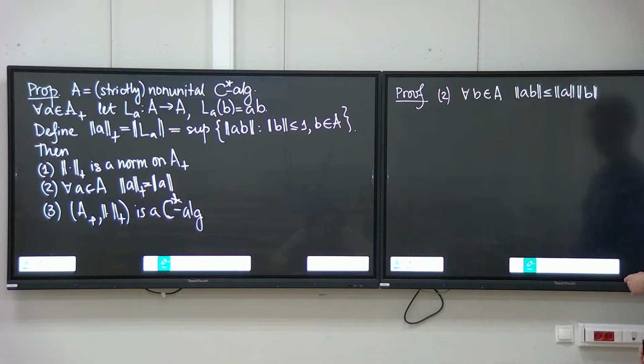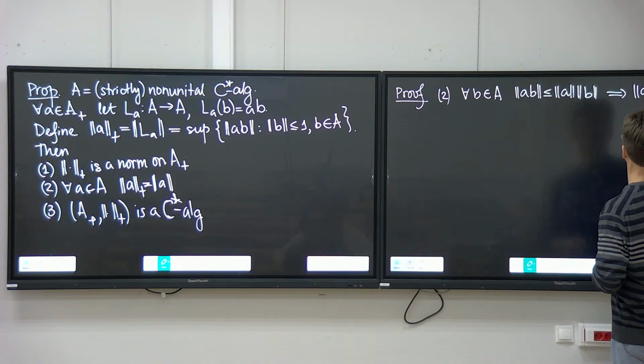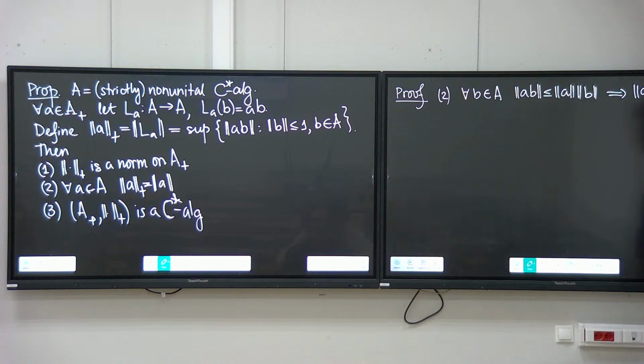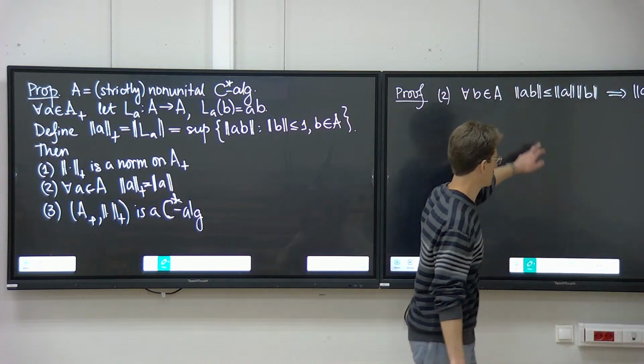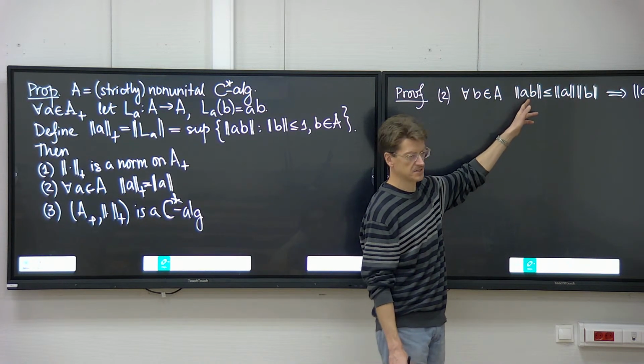And when we take the supremum over the unit ball, we deduce that the new norm on A is less than or equal to the old norm. But on the other hand, this inequality becomes an equality if we substitute a star here.